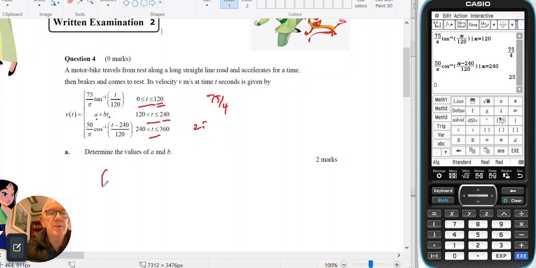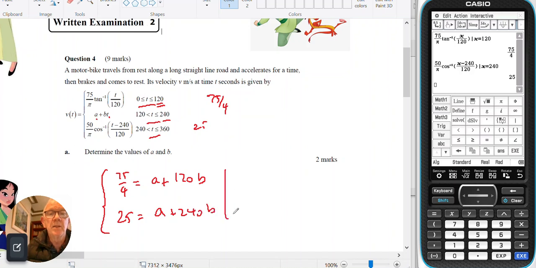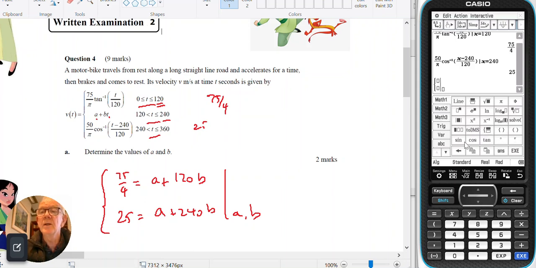So to be able to solve for A and B, I'm going to say that 75 on 4 equals, when t equals 120, A plus 120 times B, and 25 equals, when it's 240, A plus 240B. Solve for A and B. So do that on a calculator here. Math 1, simultaneous equations.